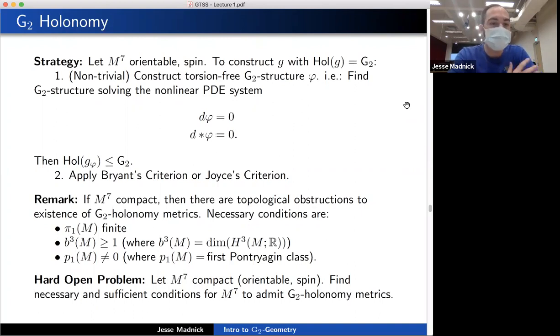We don't really know what the conditions would be. We have now constructed maybe millions of compact 7-manifolds with holonomy equal to G2, but I don't know whether any obvious, or even conjectural, necessary and sufficient conditions have arisen from this massive list.